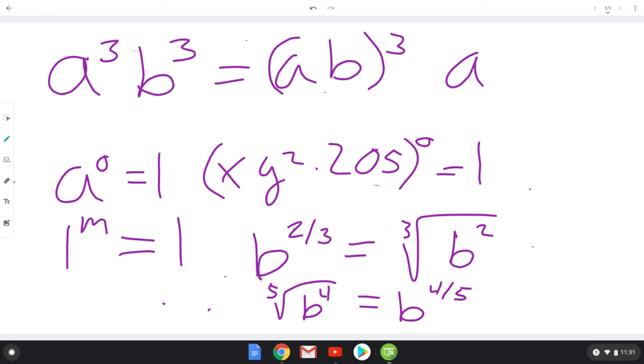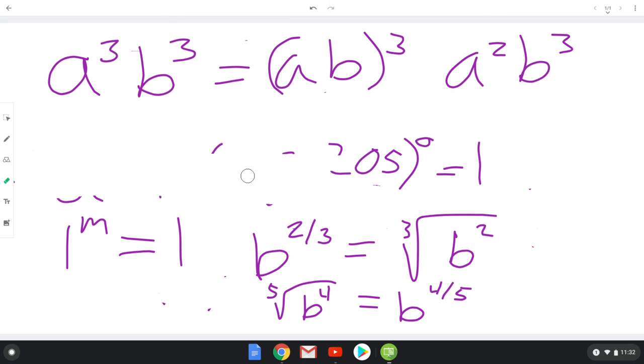If I have bases and powers that are different, there's nothing I can do with that. That's as simplified as it gets. If they're both different, I can't do anything. If the bases are the same, then I add the exponents. If the bases are different, but the exponents are the same, I can multiply the bases. And that goes the same for division as well.